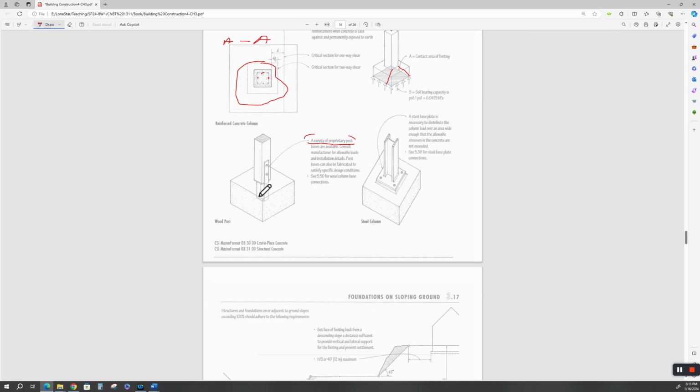A word of warning on something like this. This wood post comes down vertical into the concrete footing.